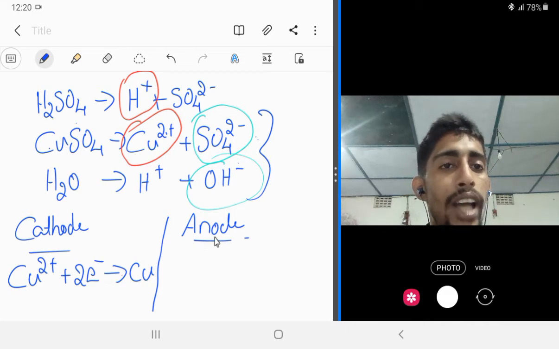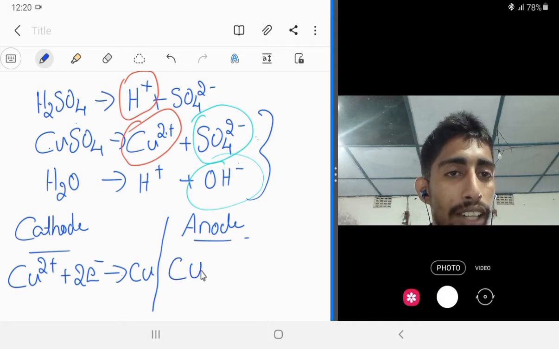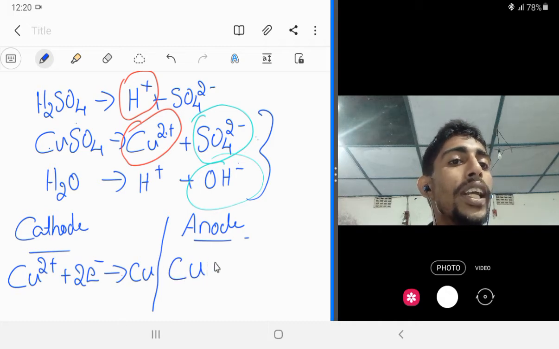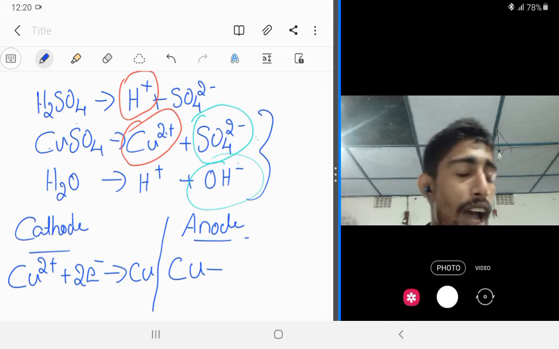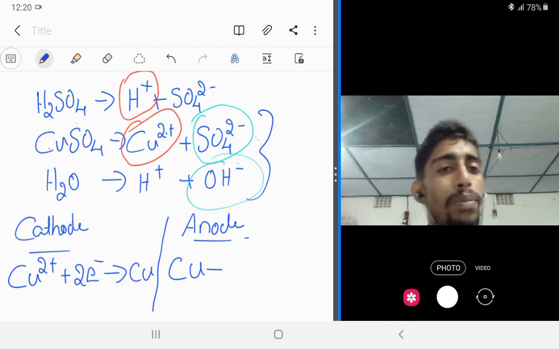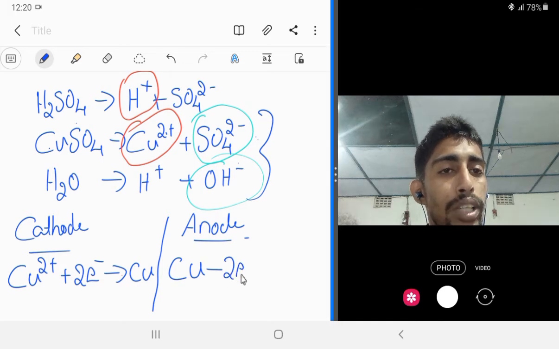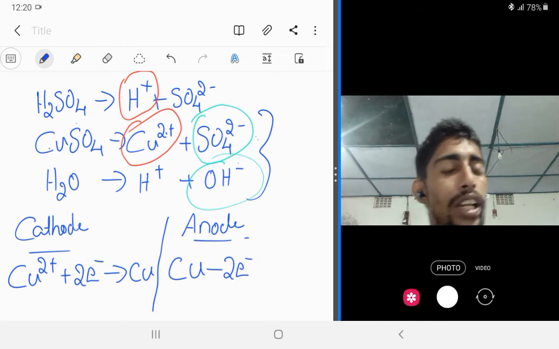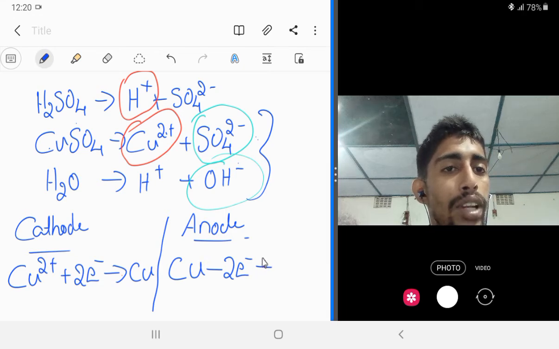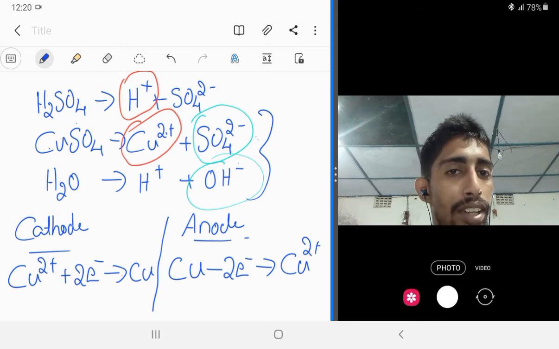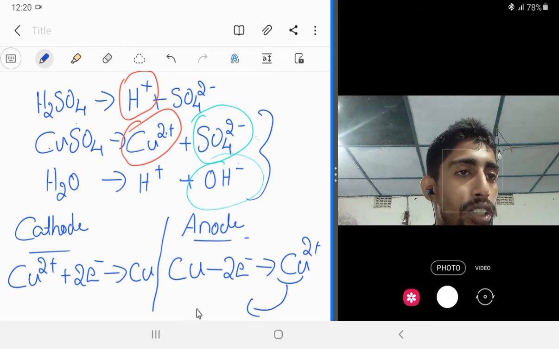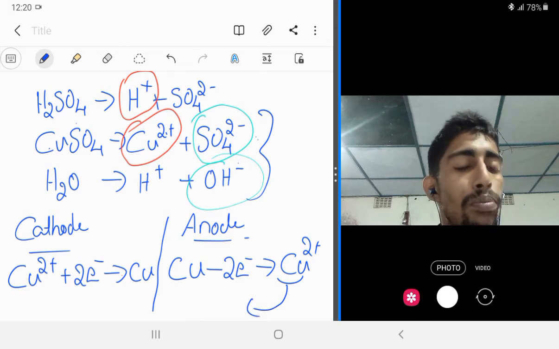Suppose the anode is made with copper. The copper will lose 2 electrons and become Cu2 plus. This Cu2 plus produced at the anode will move into the electrolyte.